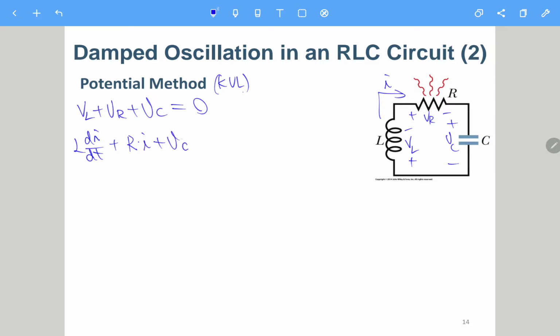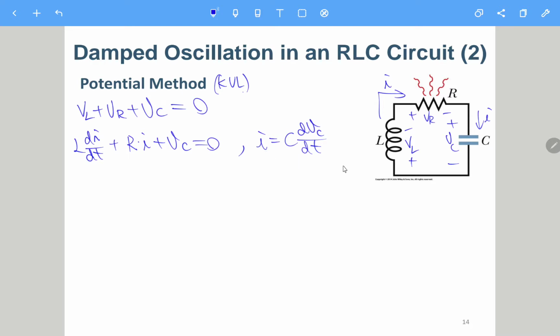Then for the capacitor, I is C dVc/dt, because VC is the potential difference across the capacitor. So I equals C dVc/dt, like this.